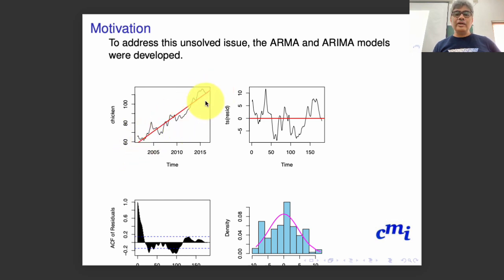If you fit a trend, after detrending I got this data, and then I fit the ACF plot on these detrended data. So this was my ACF plot. The trend model did not capture this autocorrelation structure. A simple trend model will not do that. And my residual plot looks like it may not even be normal.